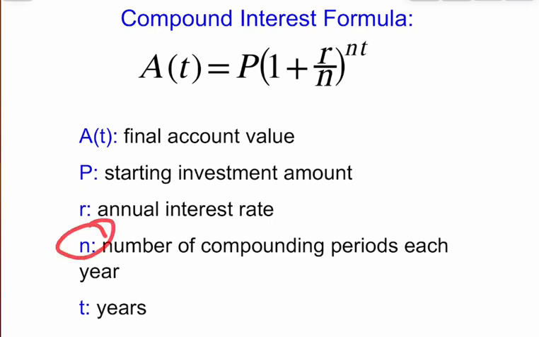And then again, N is the number of compounding periods each year. So if it says monthly, use 12. If it says biannually, 2, and so on. And then T will be how many years you are going to keep your money in the account. Now, this formula is usually used 2 ways. If you have a savings account and you start with something, it will do it.